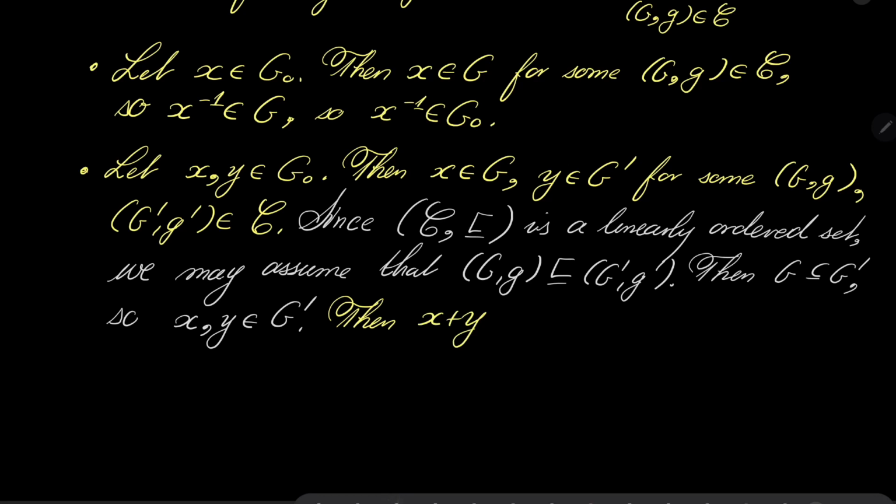And also, sorry, one more thing. I denote my operation by plus, so it's better to write the inverse element as minus x, not x to the minus first power. Sorry about that.